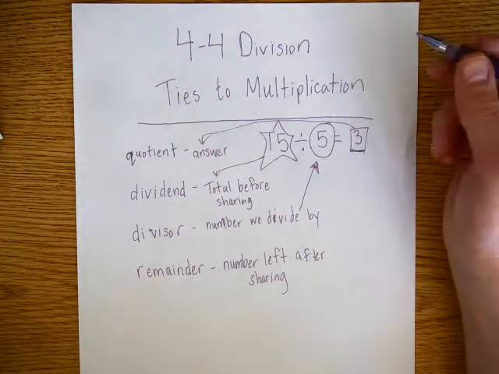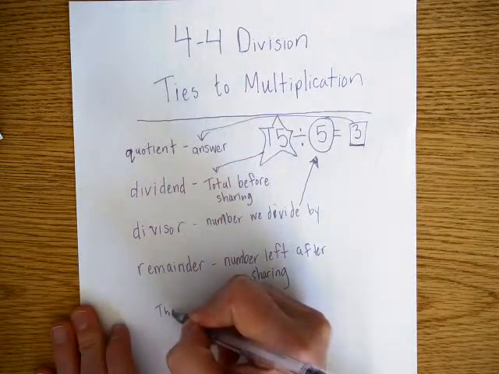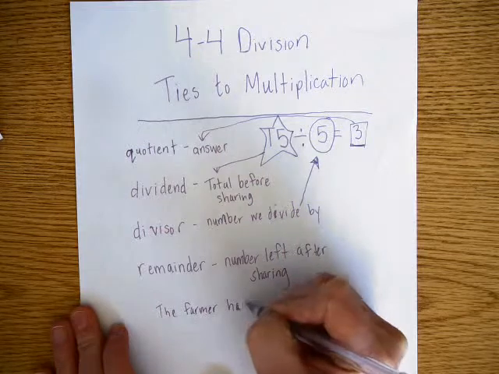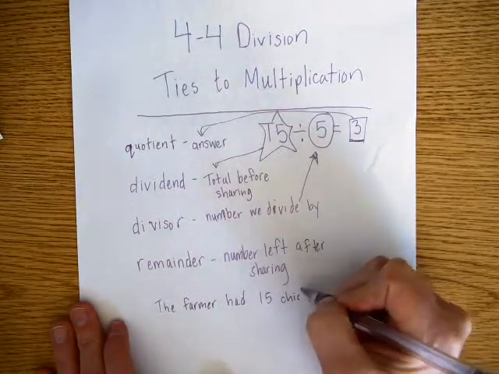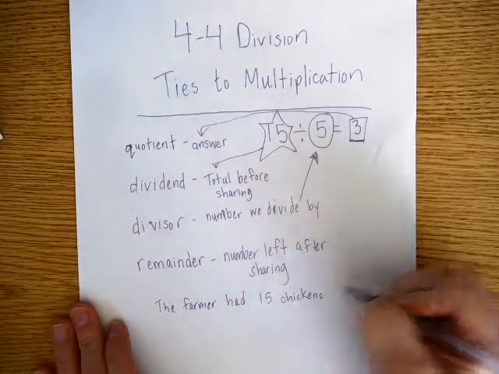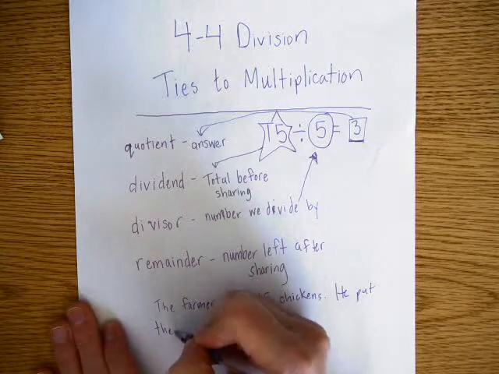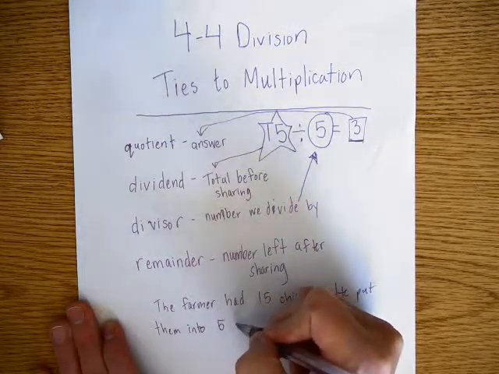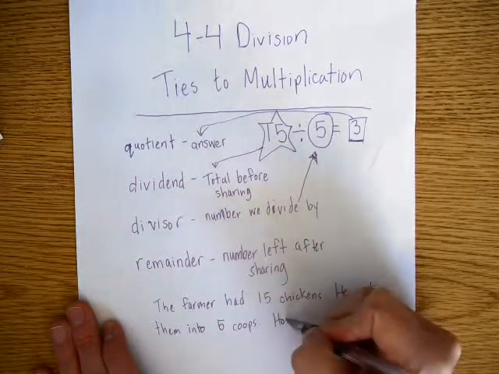So if there was a number story that said the farmer had 15 chickens. He put the chickens into 5 coops.